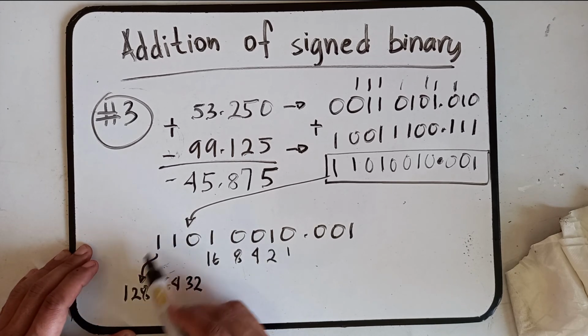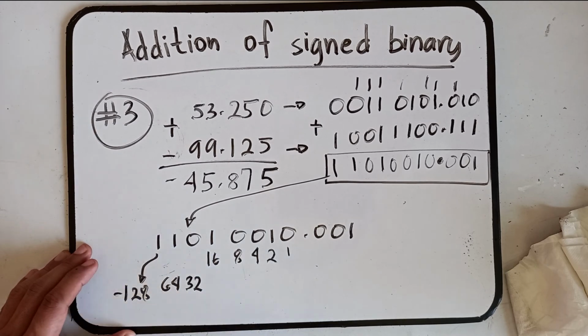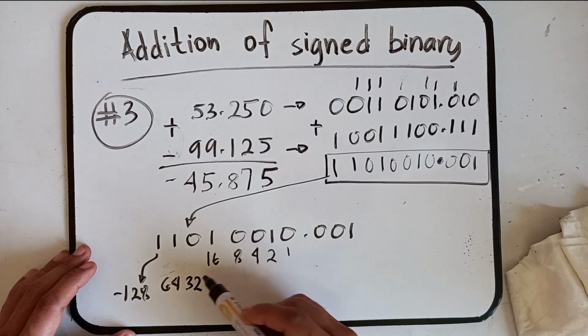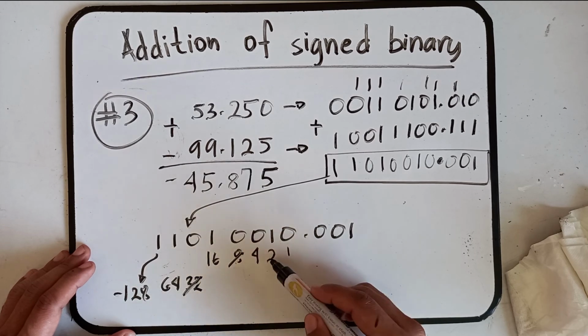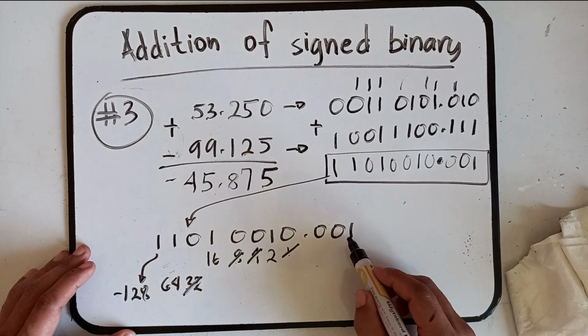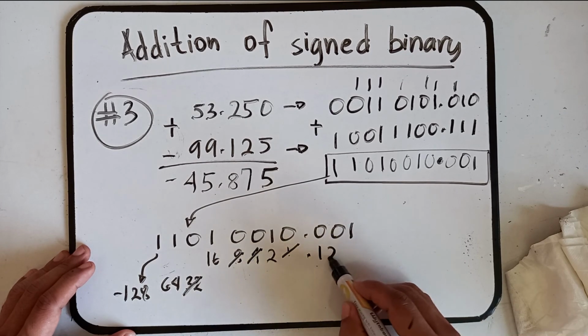And this is the sign bit, so we have to add the negative there. Then we have to cancel all those zeros. So 32 is cancelled because 32 has a 0. 8 is also 0. 4 is also 0. 1 is also 0. And this one is 0.125.